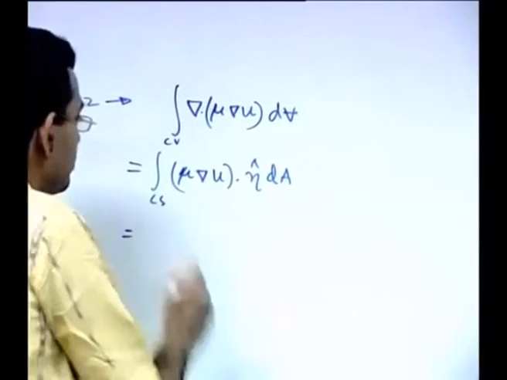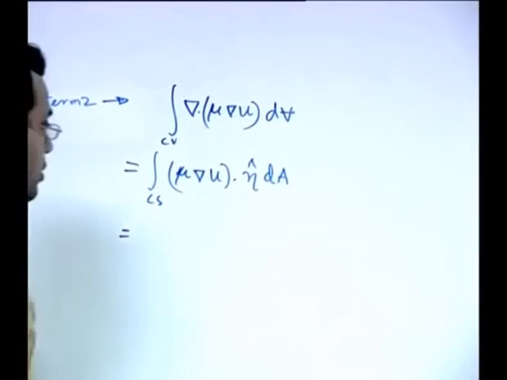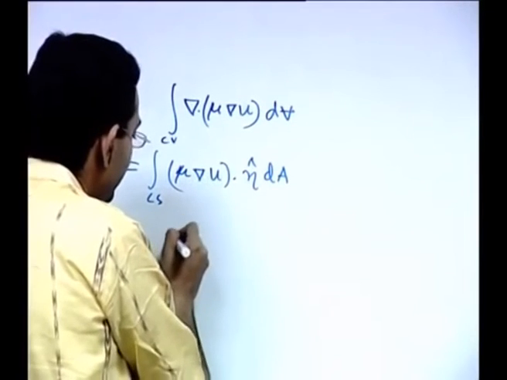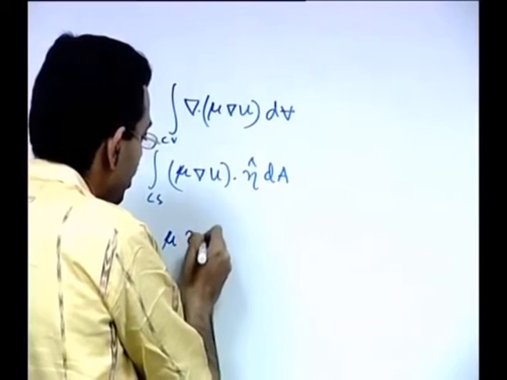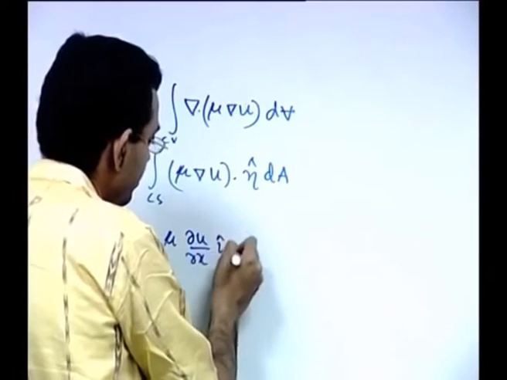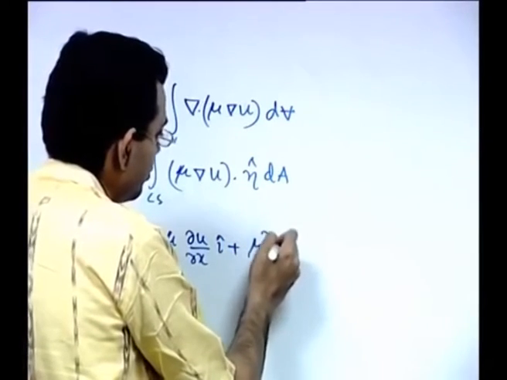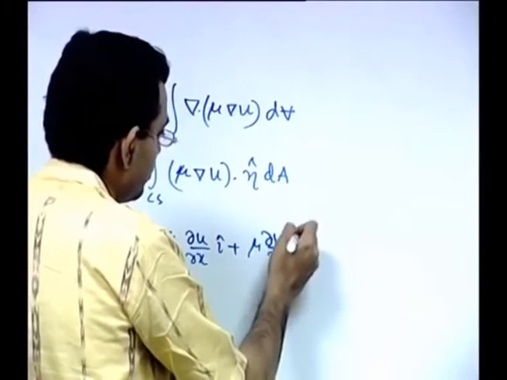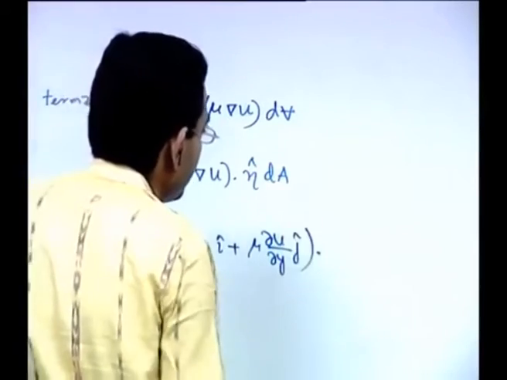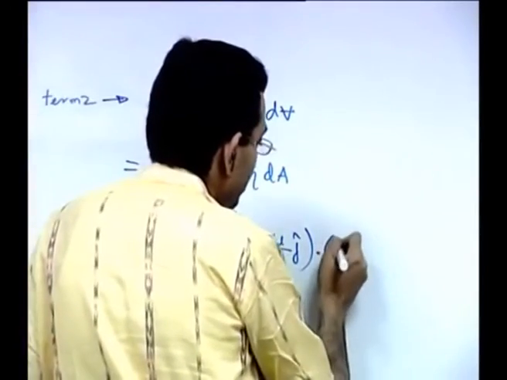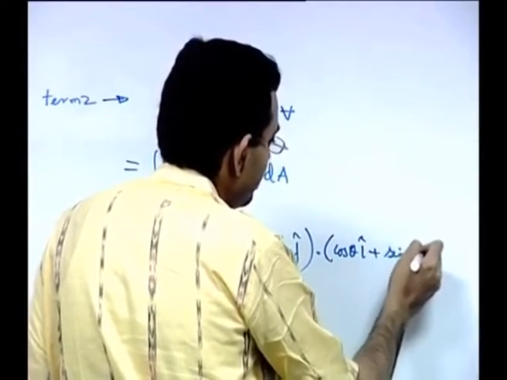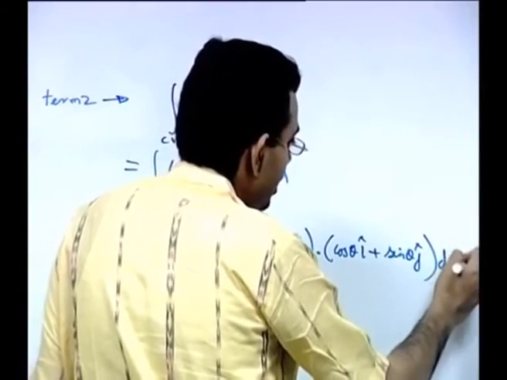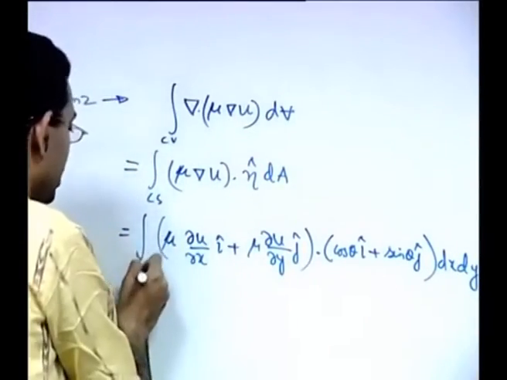Now, you can expand this integral as mu grad u is del u del x i plus del u del y j, dot with what is n, cos theta i plus sin theta j, dA is like dx dy.